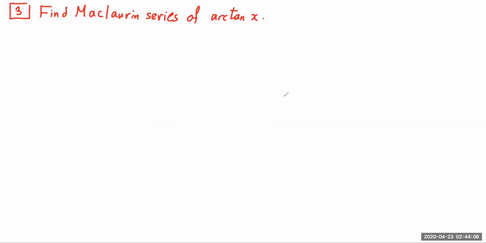Next exercise: find the Maclaurin series of arctangent x. Remember, what is the derivative of arctangent x? The derivative of arctangent x is 1 over 1 + x^2.